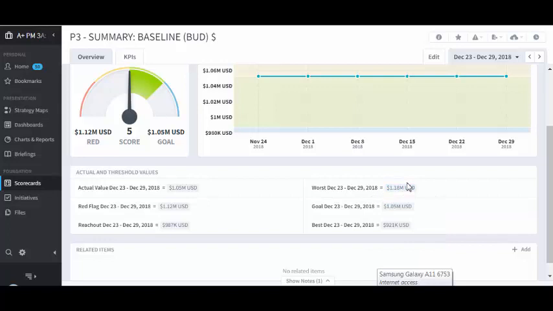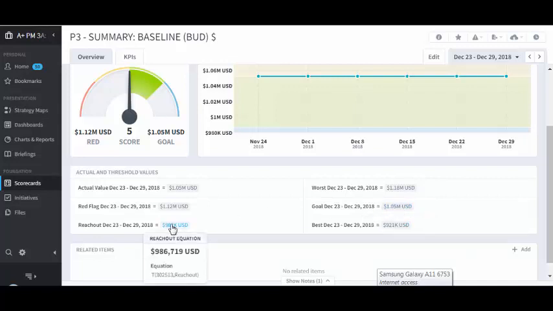Thresholds, again, was discussed: PMO governance for the portfolio level, portfolio manager for the project level, right? So that worst case scenario is here. Red flag is 1,118,281. The goal is 1,052,500, which is the baseline.